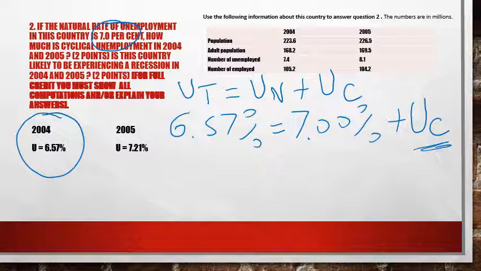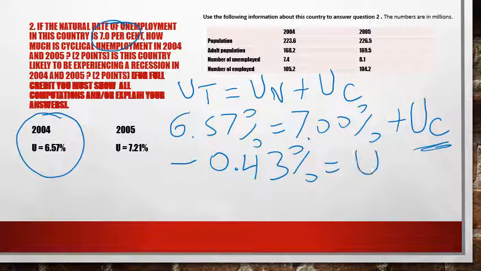So what do we come up with? Negative 0.43% is the cyclical unemployment rate. So, question: is this a recession or no recession? Well, there is no cyclical unemployment. This negative number is kind of unusual. It's probably due to, let's call them, statistical discrepancies.